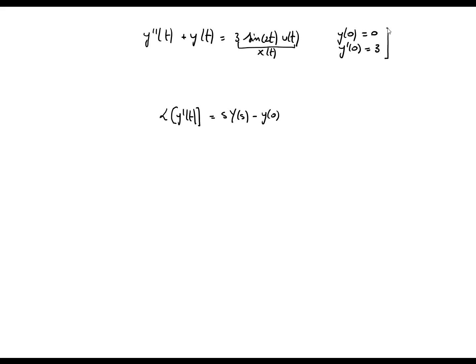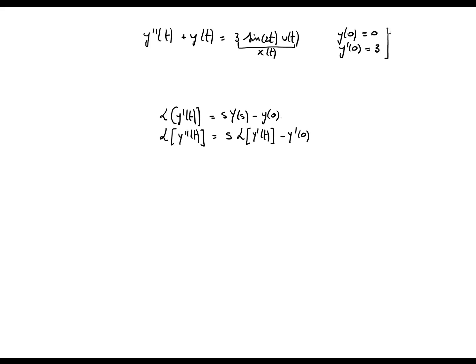So here we use the initial condition on y at time 0, and we can also obtain the Laplace transform of the second derivative of y by remembering that it is s times the Laplace transform of the first derivative minus the initial condition, but here the initial condition on the derivative.